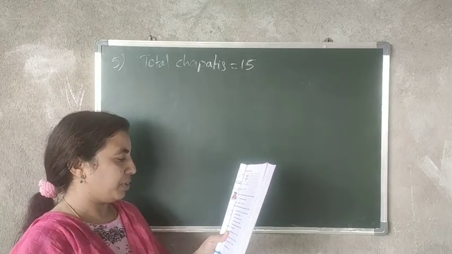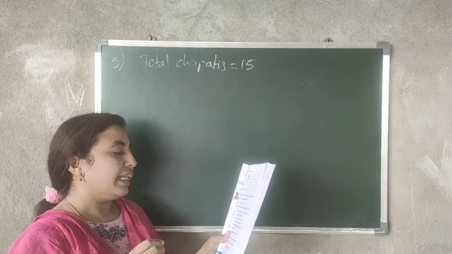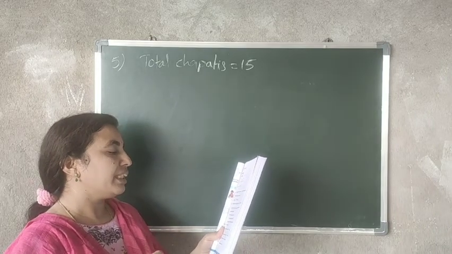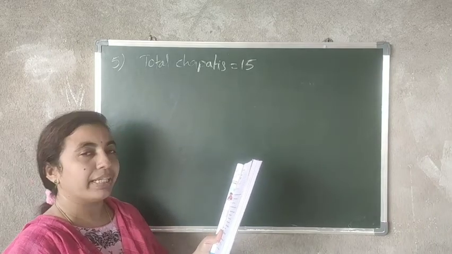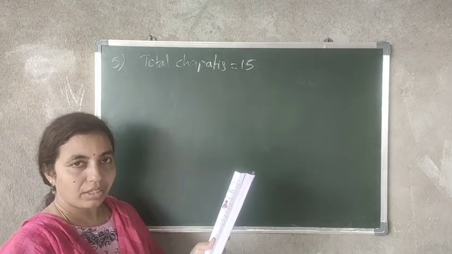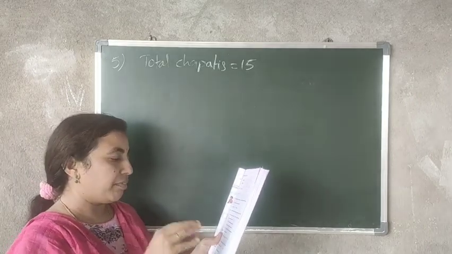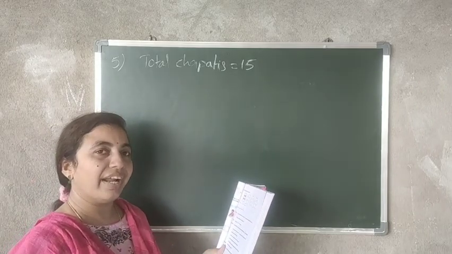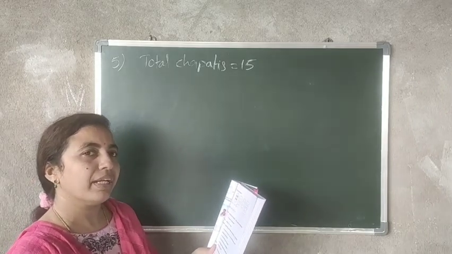Now they have given the questions. How many chapatis were eaten by the mother? How many chapatis were eaten by the children? And what fraction of the total chapatis has been eaten by the father? Here we have to find the number of chapatis eaten by mother, the number of chapatis eaten by children, and the fraction of chapatis eaten by father.